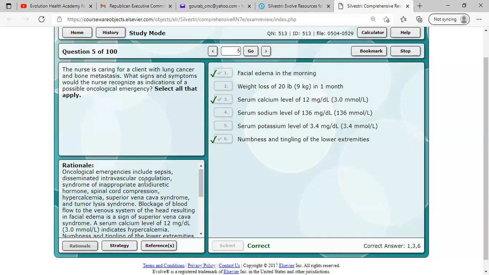Oncology emergencies include sepsis, disseminated intravascular coagulation, syndrome of inappropriate antidiuretic hormone, spinal cord compression, hypercalcemia, also superior vena cava syndrome or tumor lysis syndrome.